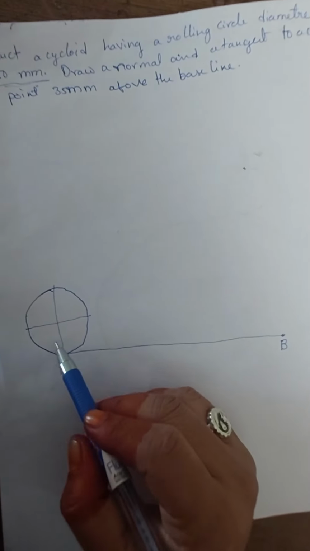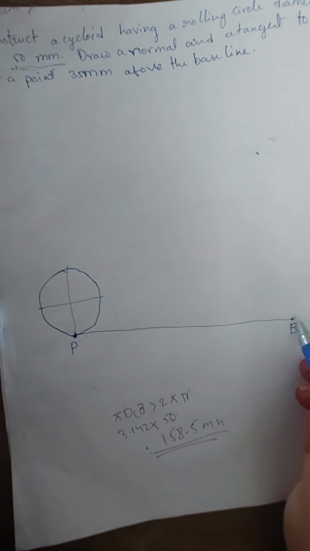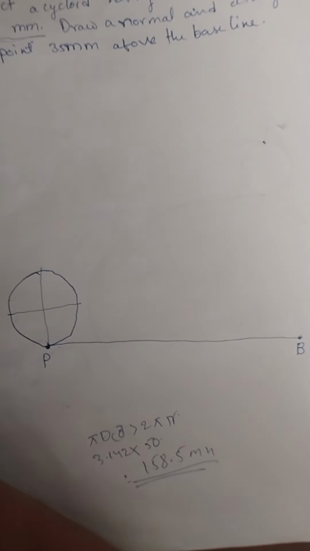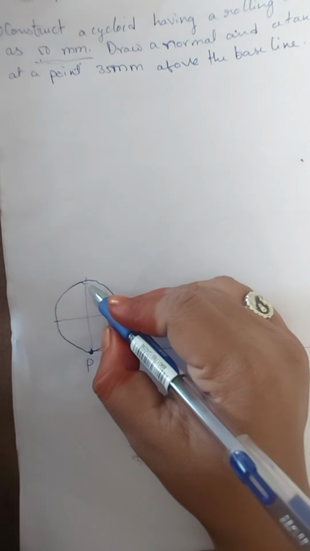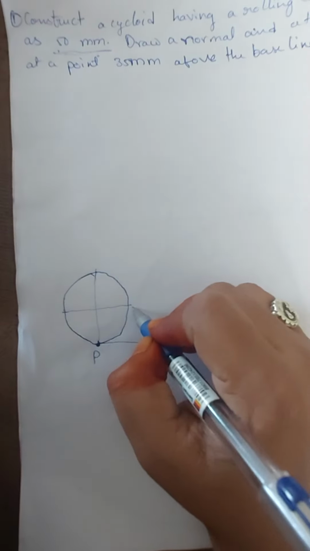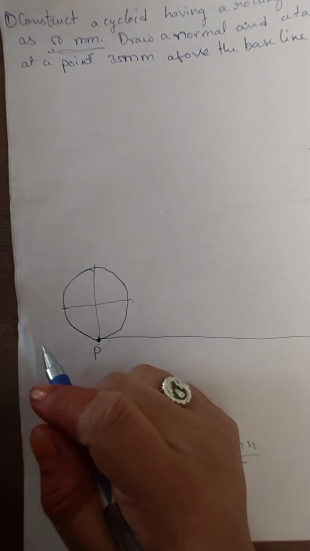After that, divide the circle and the fixed straight line into a number of equal parts. Say here, divide the circle into 8 equal parts. So first draw the vertical diameter line and horizontal diameter line.